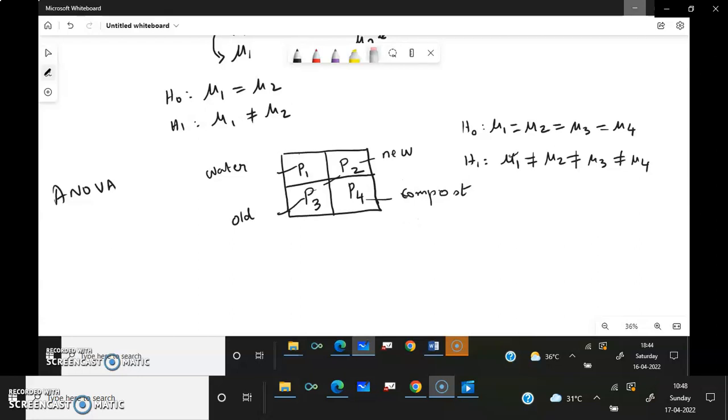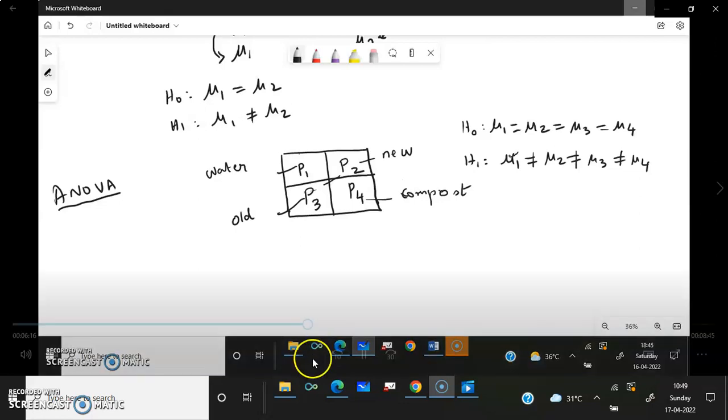If H naught is rejected, that is, if the Anova statistic you calculate is greater than the F table value, then you reject the null hypothesis. If H naught is rejected, then we can say that there is a significant difference between these k groups, or there is a significant effect of these k independent variables.